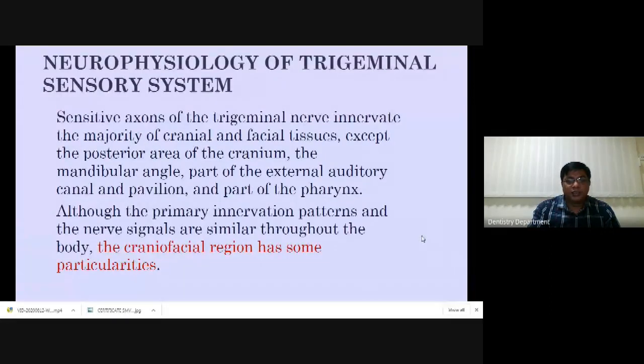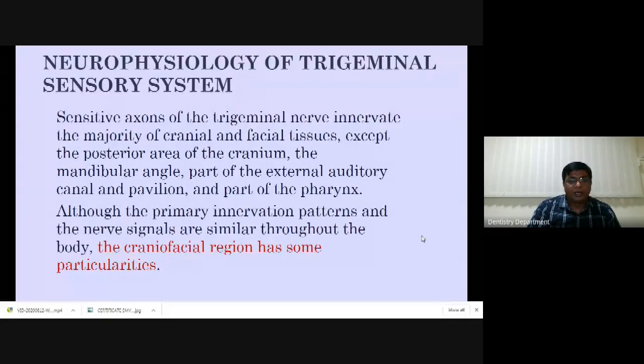So what is this central nervous system deregulation? How does it happen? Then came the neuroscience. They found out recently the neurophysiology of the trigeminal sensory system, and some peculiarity in it. When I say trigeminal sensory system, it is nothing but the trigeminal nerve and its branches, and how it conducts the particular senses.